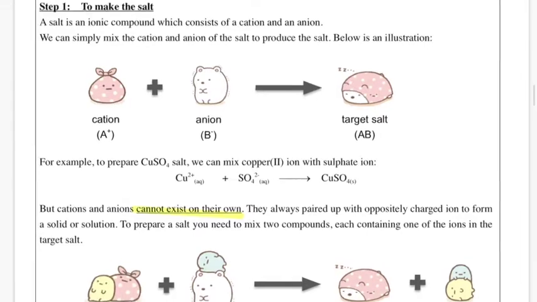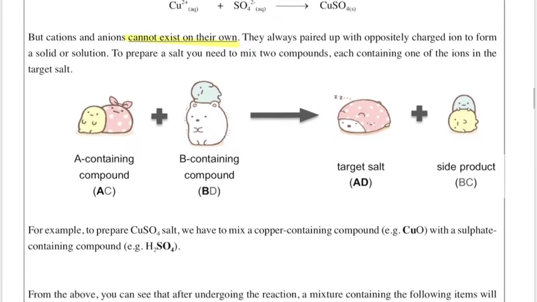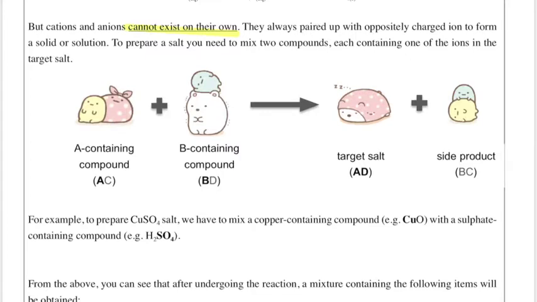Okay, so in this way, then we need to consider what are the two reactants we need to use to provide the cation A that we want. Okay, and then this one, there is a mistake on your notes. It should be the anion D that we want. Okay, and after the reaction, it should form our target salt, which is AD, and then it will be left with a side product BC.